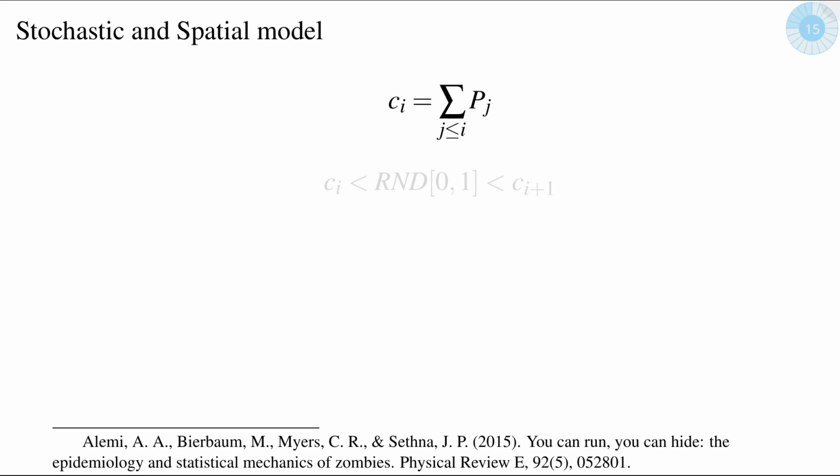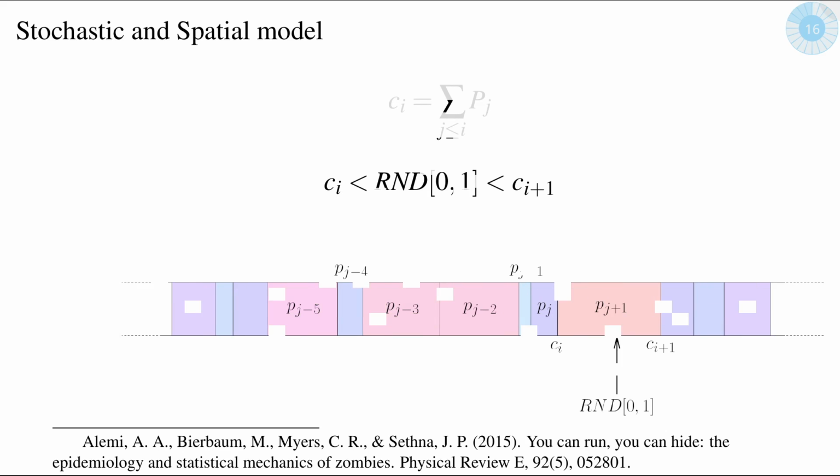Now, to make sure that we select an event that obeys the correct probabilities, we're going to define the cumulative distribution function. The cumulative distribution is basically just adding up all the probabilities. As we're adding them all up, if by adding a probability we jump over a random number between 0 and 1, then that is the event that we're going to select.